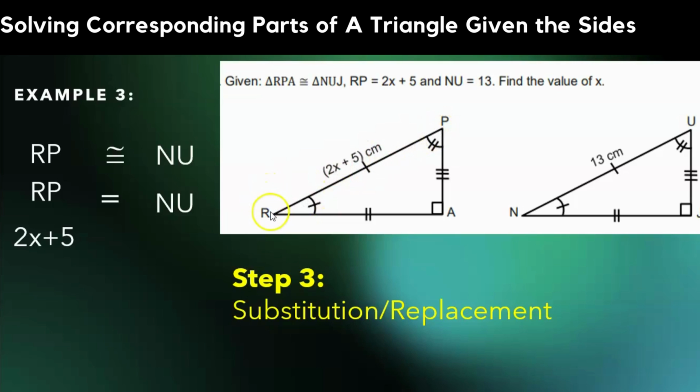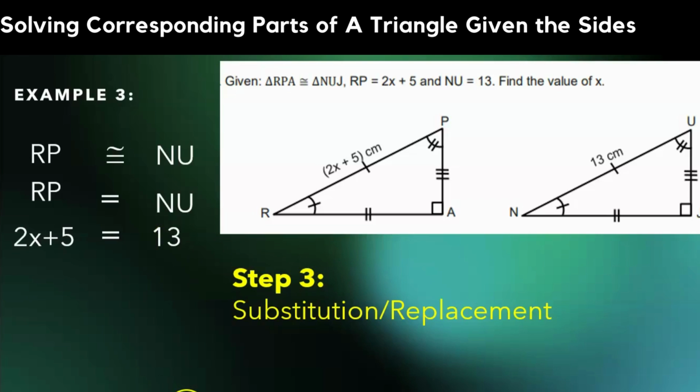Based sa ating figure, ang RP ay 2x plus 5 centimeters. So, si RP, papalitan po natin ng 2x plus 5 equals NU. Sa kabilang triangle, ang measure po ng NU ay 13 centimeters. So, yung NU, papalitan po natin ng 13 centimeters.